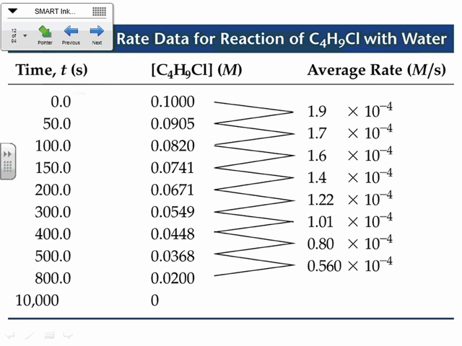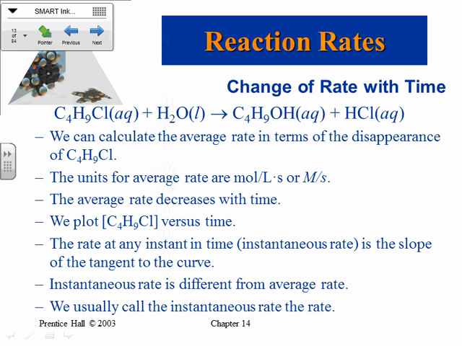And as you notice, if we start out with 0.1 molar here, that concentration slowly decreases until eventually we get down to 0. Okay. And then notice the average rate here is measured in concentration per second, molarity per second, instead of moles per second. Okay, so we can calculate the average rate here in terms of the disappearance of the C4H9Cl.